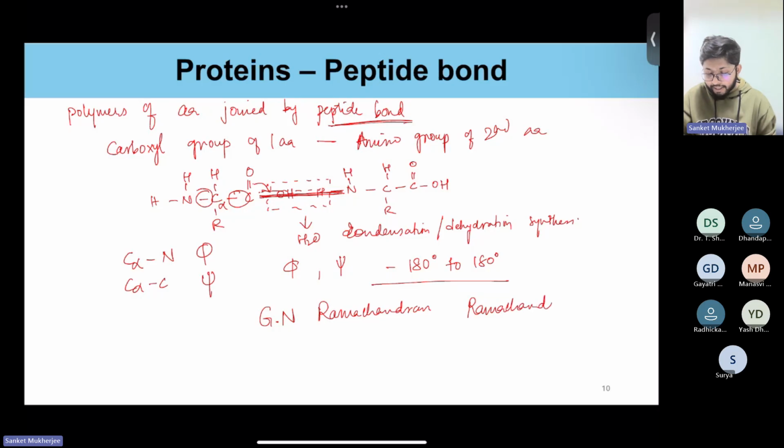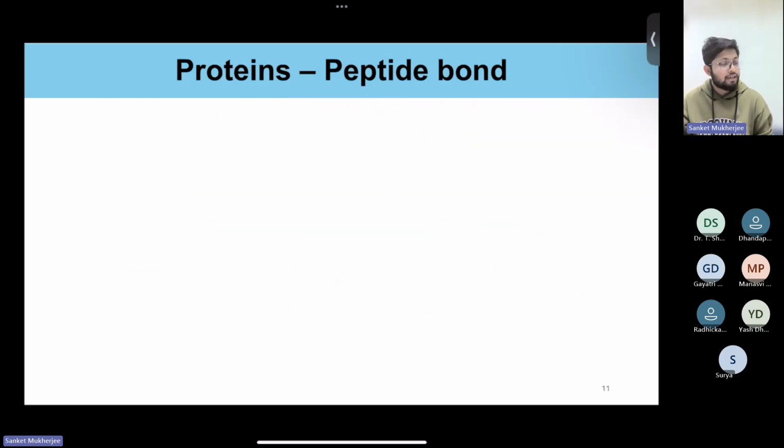Even till date, this plot is used to find out whether the conformation of a peptide is in the allowed region, and which form of helix, alpha helix or beta sheet, is present.